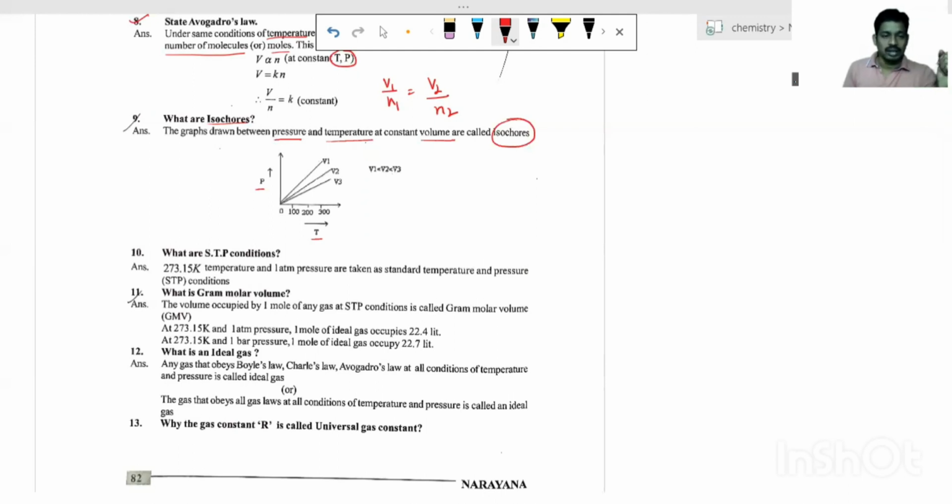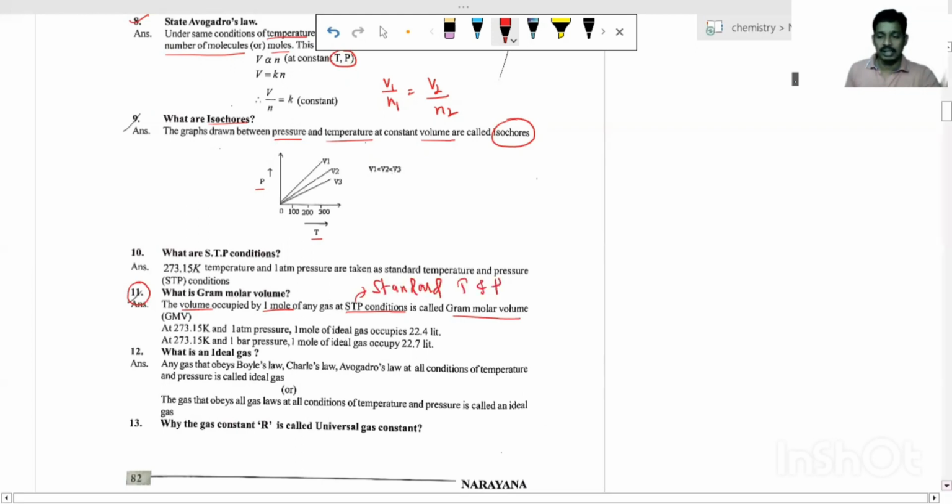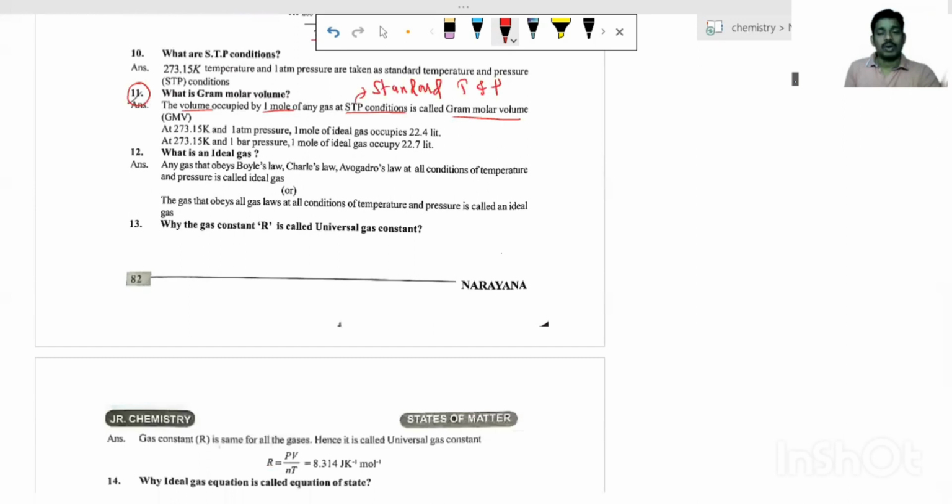Next, 11th one, which is very important, that is what is gram molar volume? The volume occupied by 1 mole of gas at STP conditions is called gram molar volume. STP is nothing but standard temperature and pressure. So here what are the standard conditions?